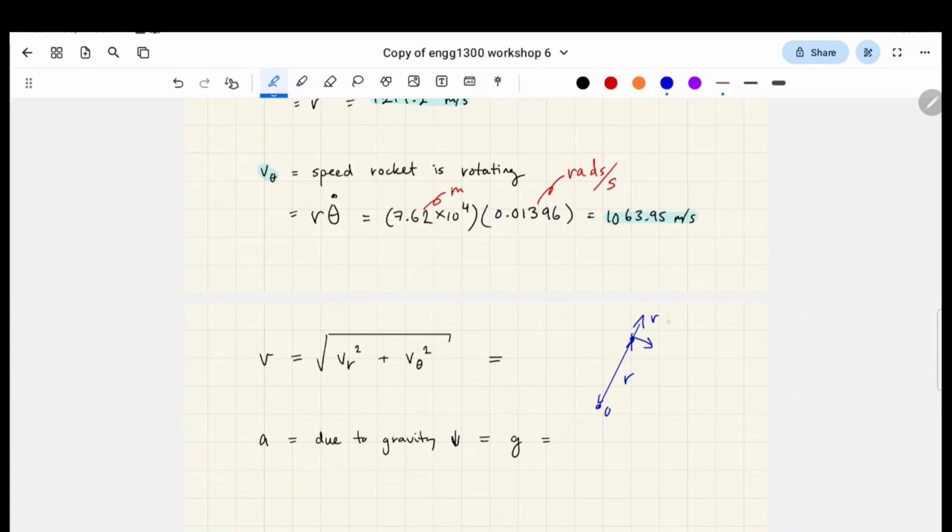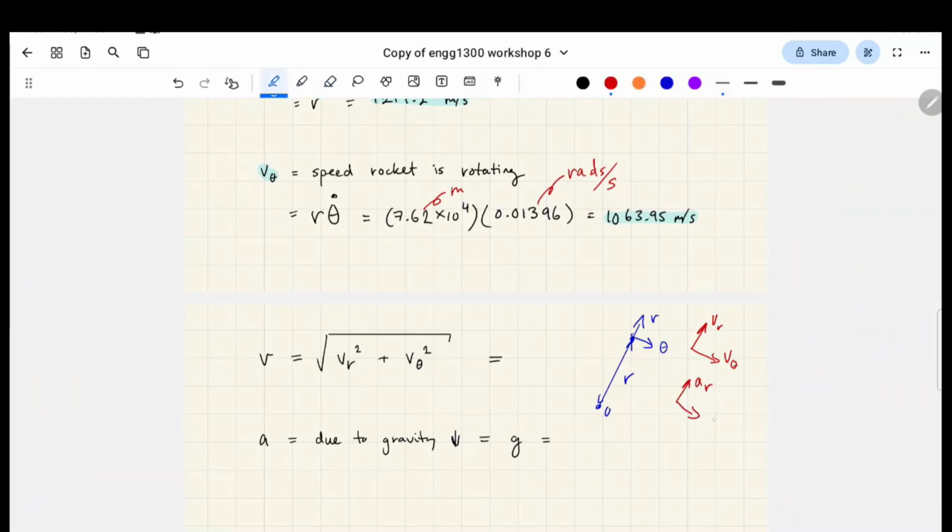This was for r and this was for the theta direction. Our VR acts in the r direction, and our v theta acts in the theta direction. And same for, I'll just draw it here.